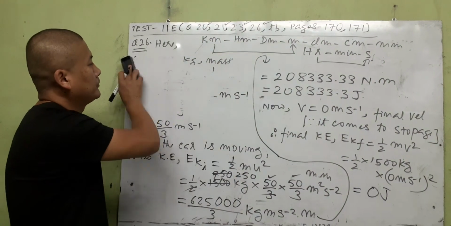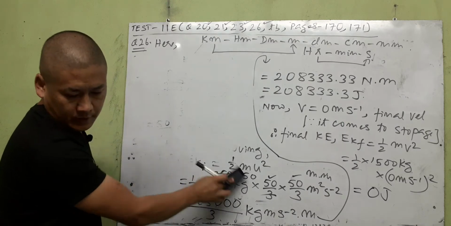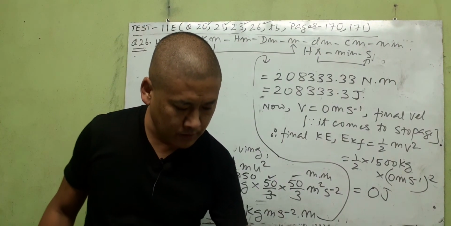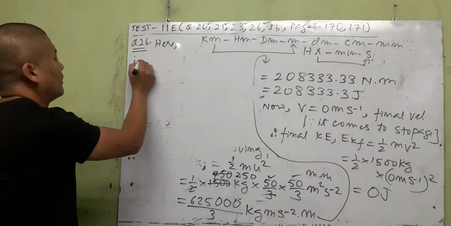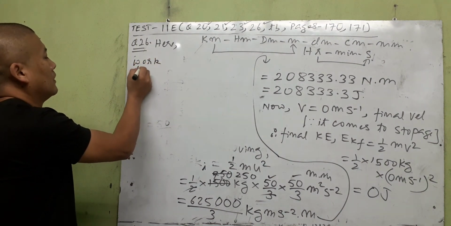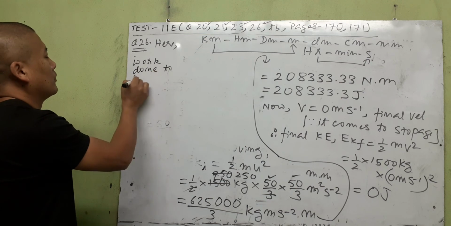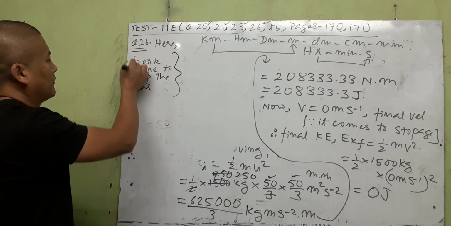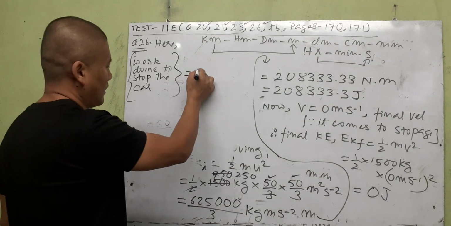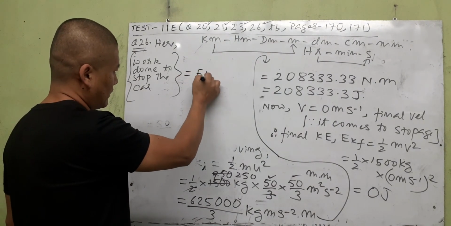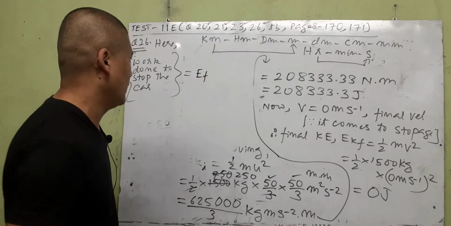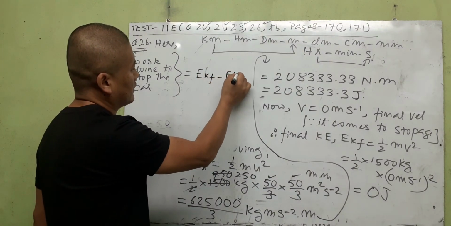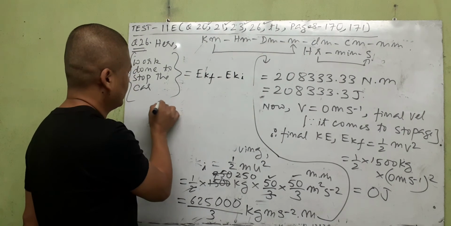Now finally, write down work required to be done. Go back to the question. Work required to be done. So work done to stop the car means the work done is final kinetic energy EKF minus initial kinetic energy EKI.